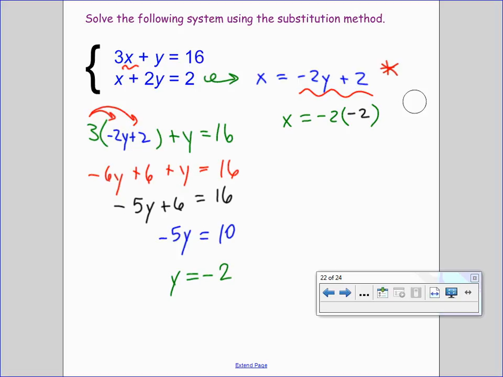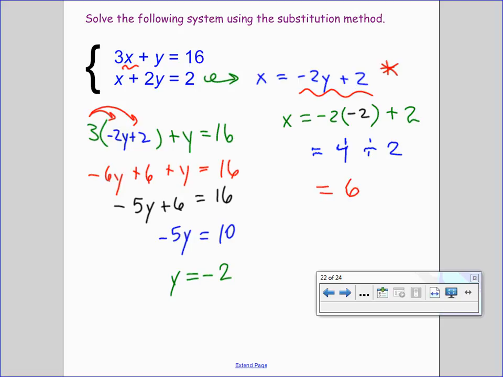Okay, round 3: negative 2 times negative 2 plus 2. And we'll finish it out. Watch your signs. Negative 2 times negative 2 is positive 4, plus 2. 4 plus 2 is 6. I'm getting 6.